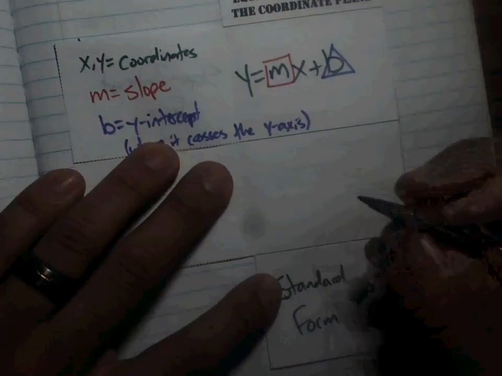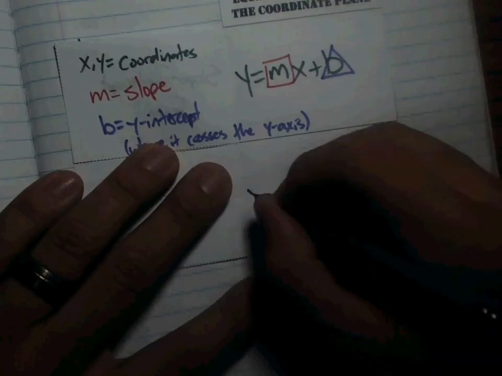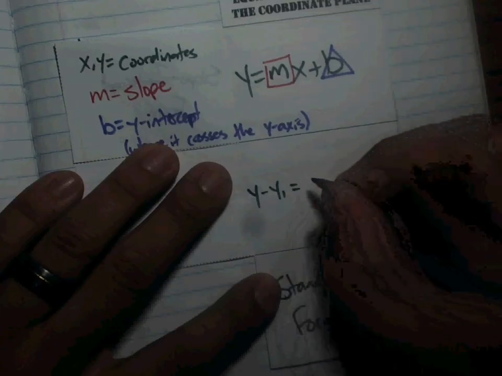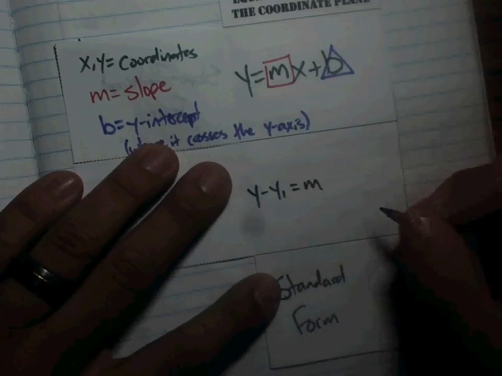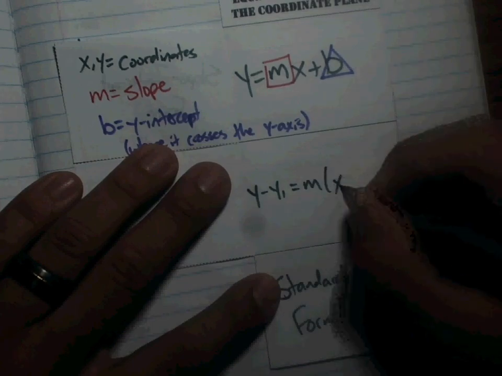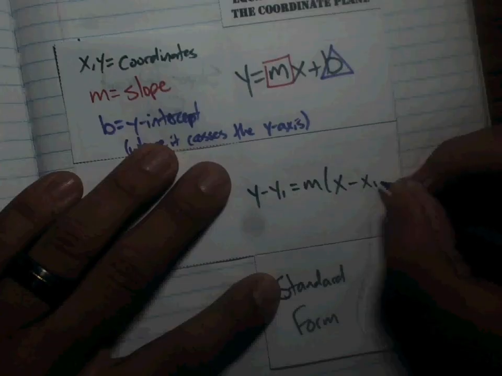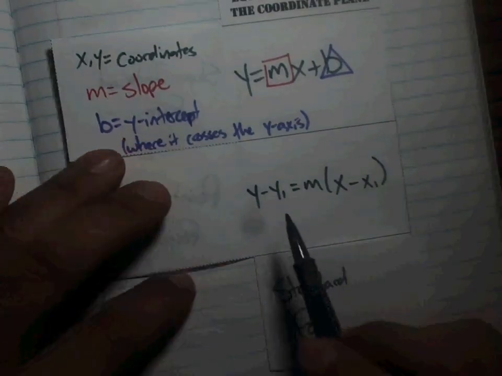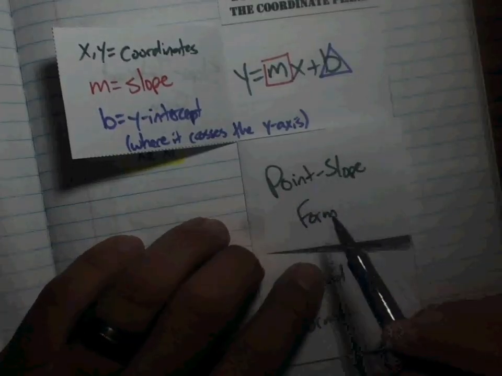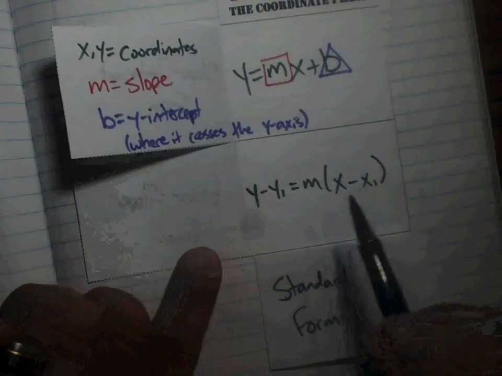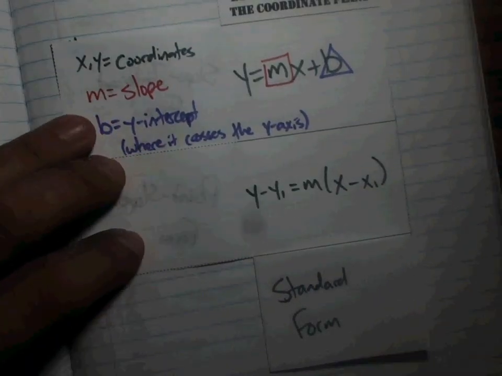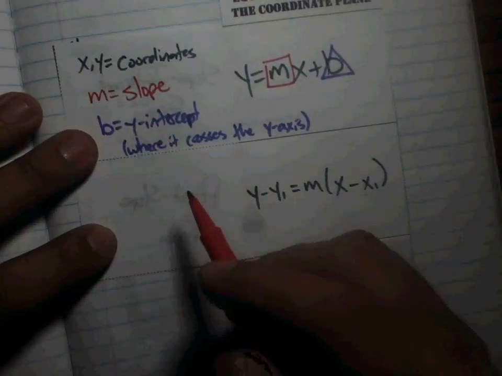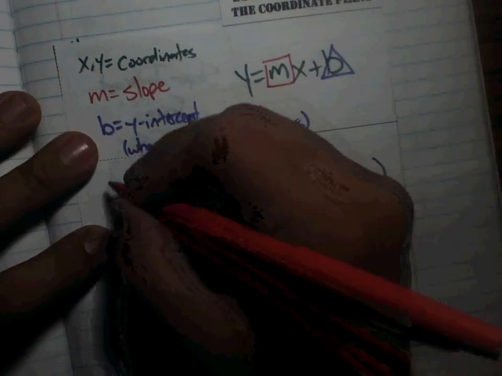This one looks like y minus y1 is equal to m, parentheses, x minus x1. Point slope form is exactly what it sounds like. You get a point, you get a slope, you plug it in. Slope stays consistent. x and y are still coordinates. m is your slope.